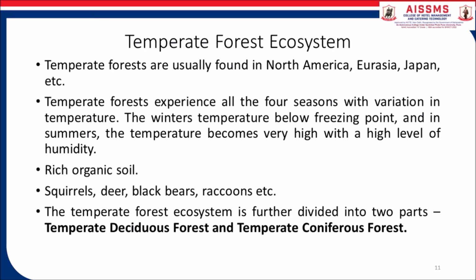The soil of temperate forest is rich in organic matter that allows a huge variety of vegetation to grow. The temperate forests provide natural habitat to many animals such as squirrels, deer, black bears, raccoons, etc. The temperate forest ecosystem is further subdivided into 2 parts.